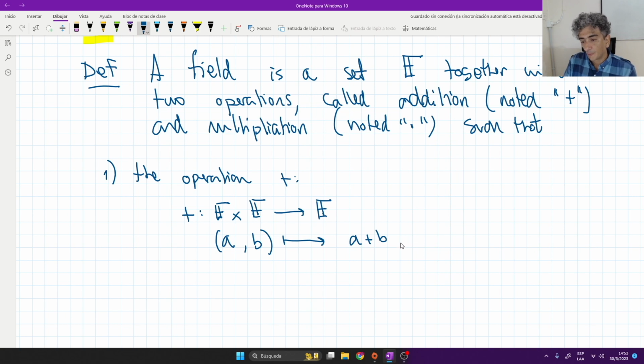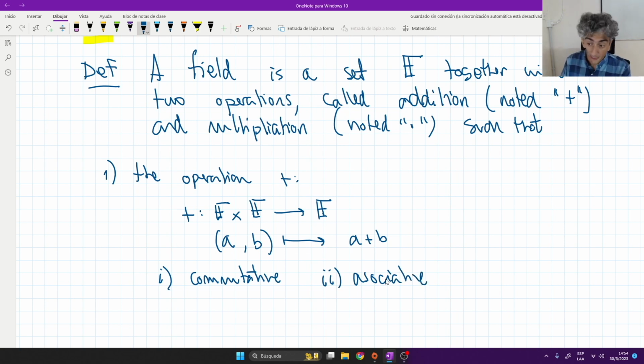See, this is the new number a plus b. This operation plus or addition has to be commutative. This means that a plus b has to be the same as b plus a. Then it needs to be associative. So (a plus b) plus c equals a plus (b plus c).